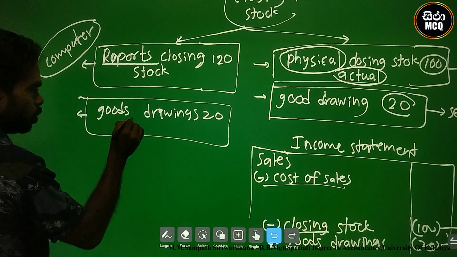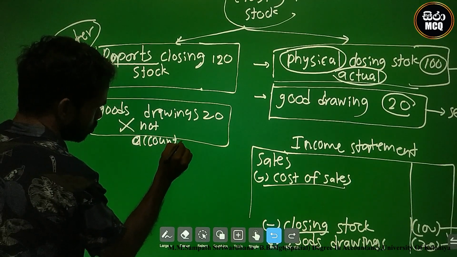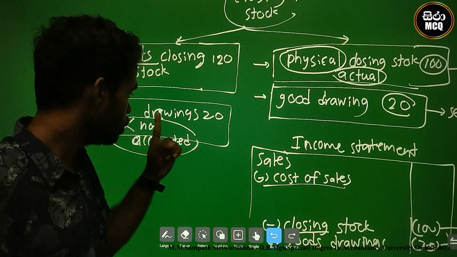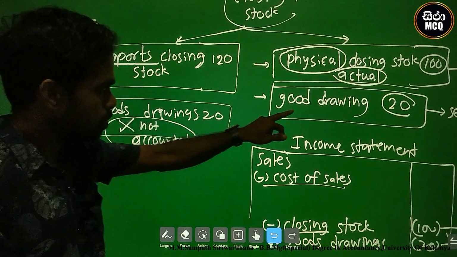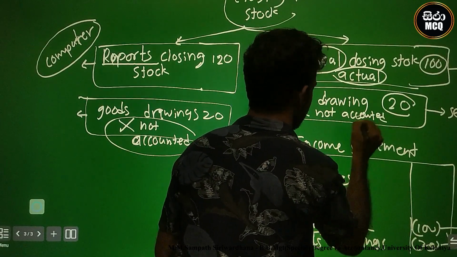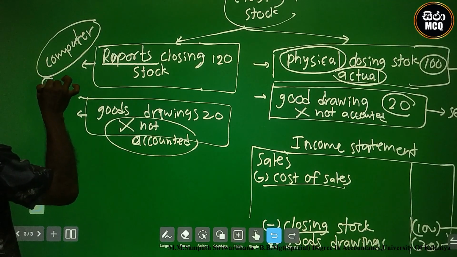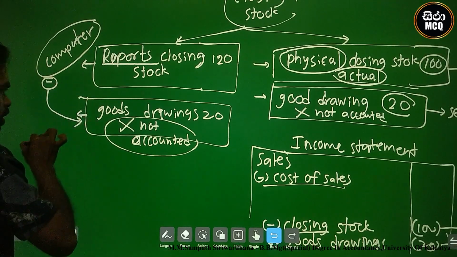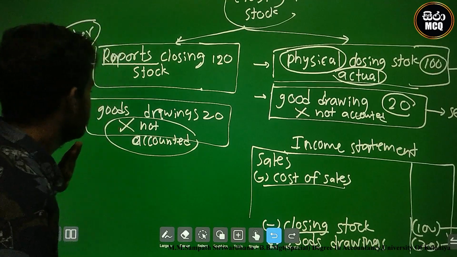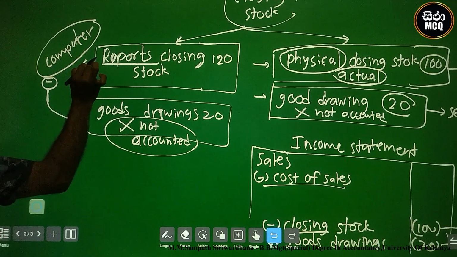At this time, goods drawings are not accounted, meaning there is no accounting entry for the drawings. There is no deduction in the computer for the goods drawings, so they are not deducted from the closing stock.